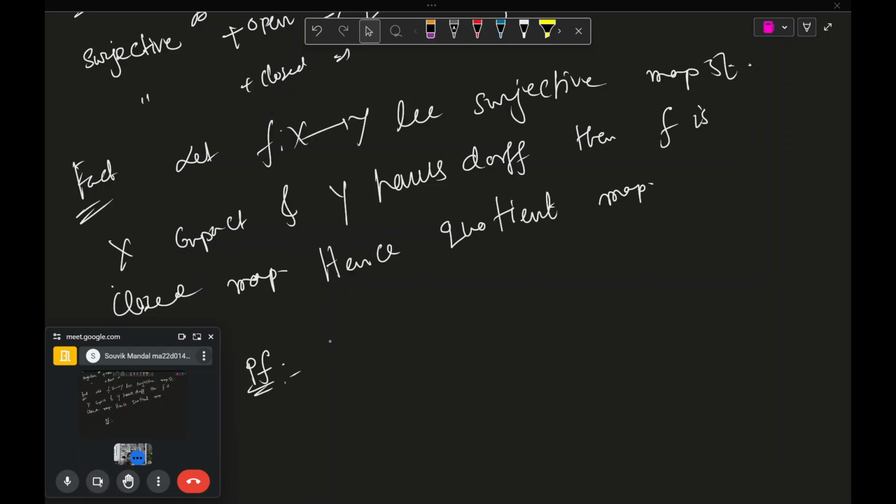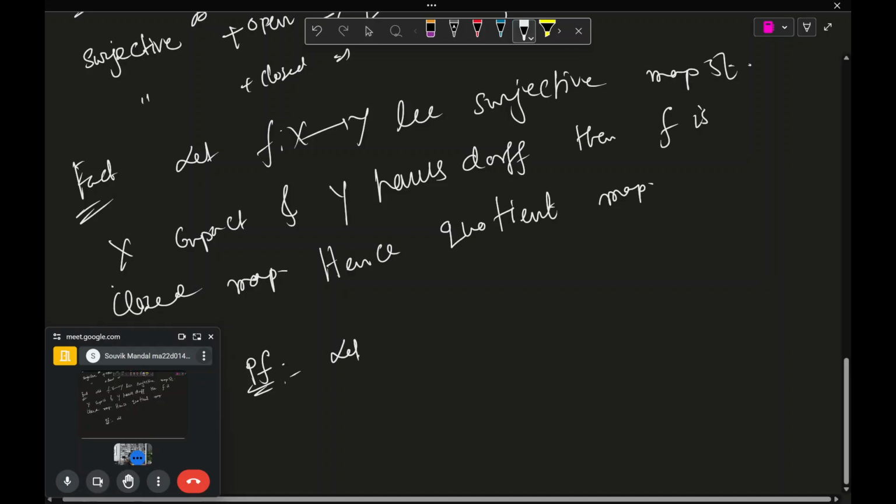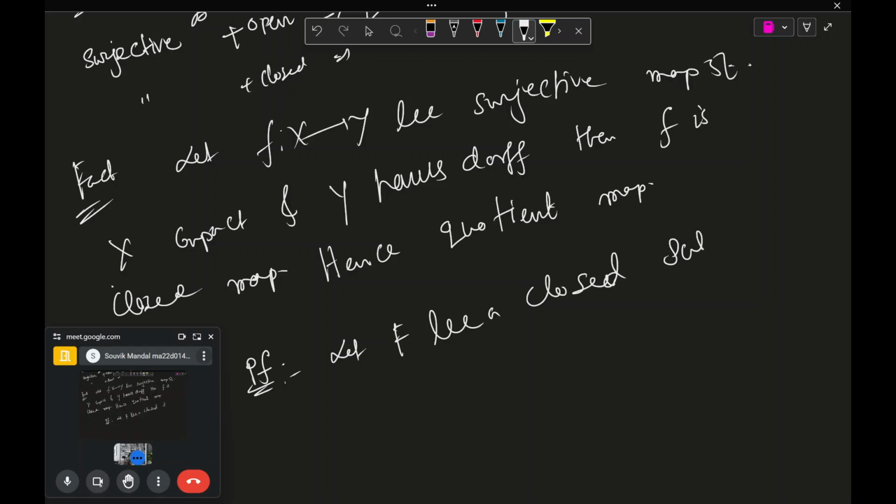Since X is compact, basically we need to prove that it is a closed map. So what we will take is the start of the closed map. So let F be a closed subset, capital S. Okay.